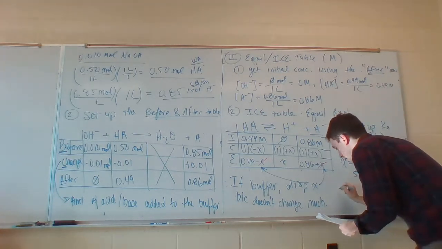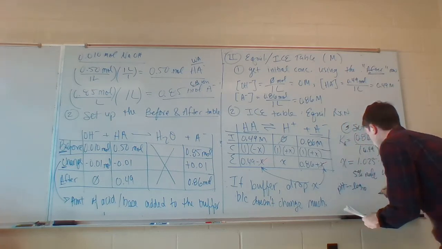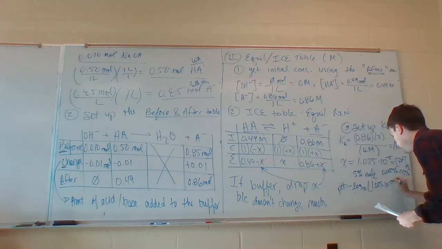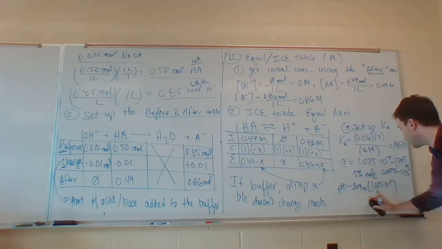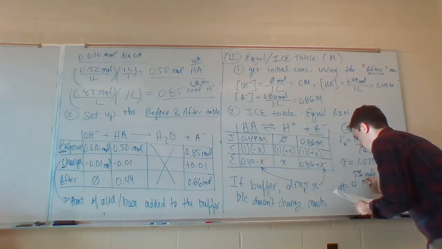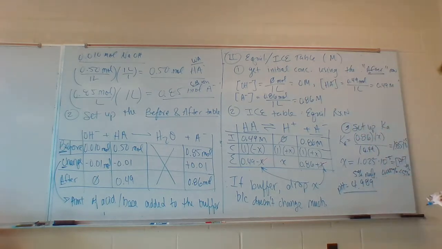And if we do our pH, we know that pH is equal to the negative log base 10 of 1.025 times 10 to the negative fifth. When I do that, I get that my pH is equal to 4.989 after we added the base.